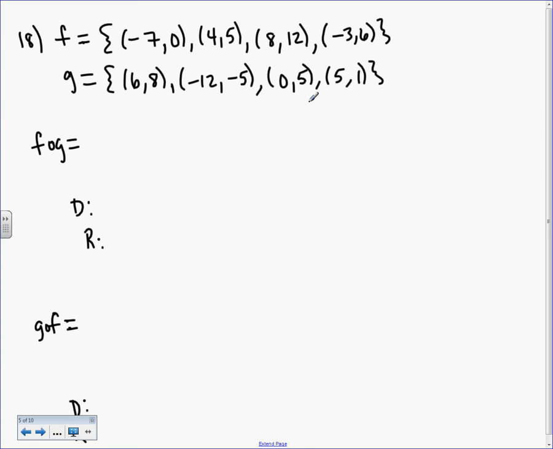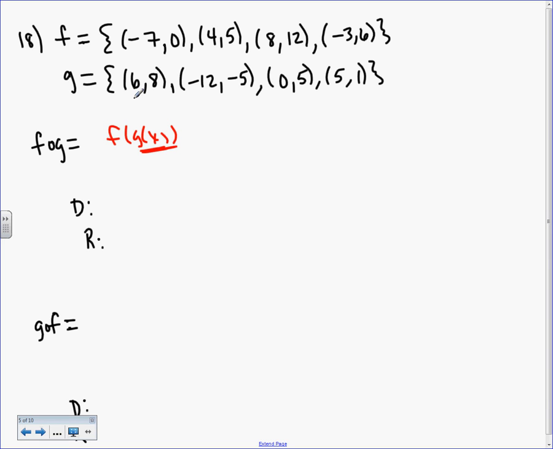Okay, so f of g is what we're doing first. F of g of x. You do the inside first, so I go to my g function. I look at the x's first. In my g function, the first x I see is a 6.